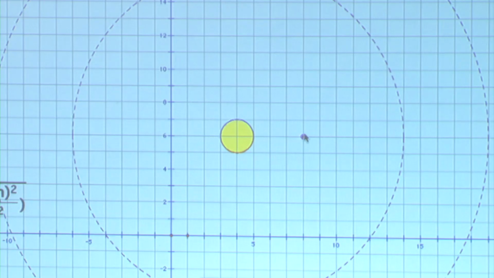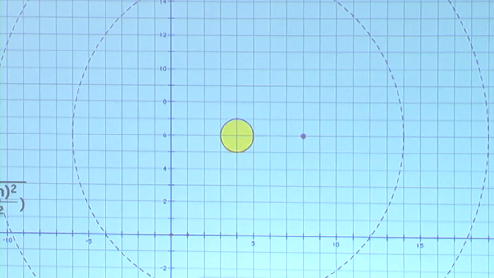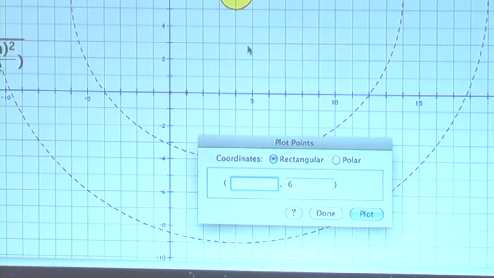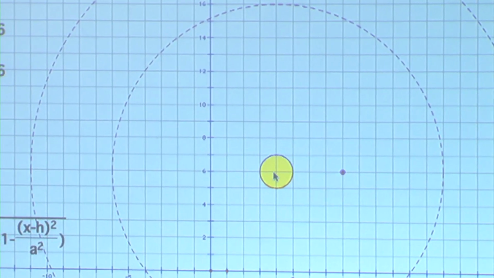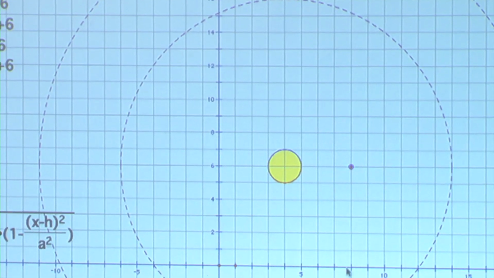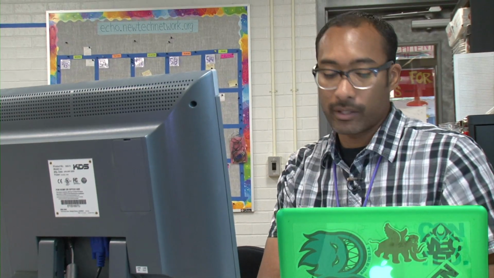Okay, so if this is a focal point and this is a focal point, where's the center of my ellipse? In between. Okay, so I average those two. It's a horizontal ellipse where it's wider than it is tall, so that means they're going to have the same y value. My y value is going to be 6. My x value is averaging these two. So 4 plus 8 is 12, divided by 2 is 6. Questions so far?